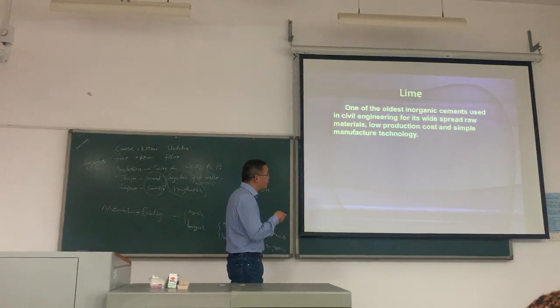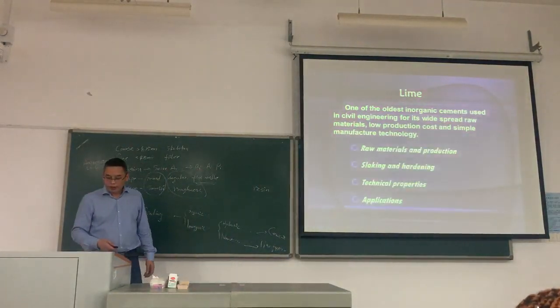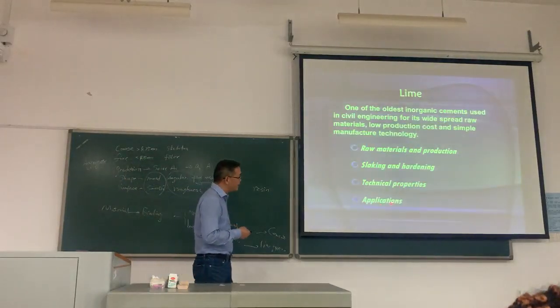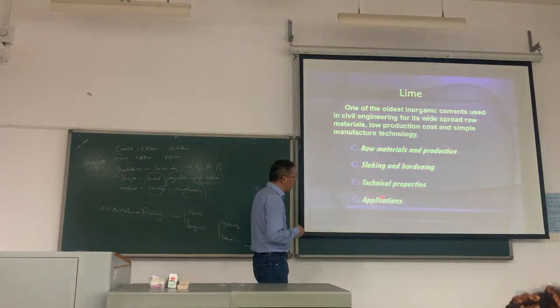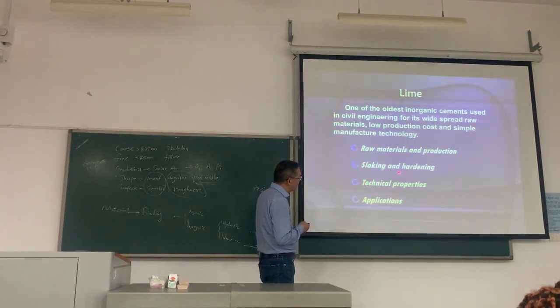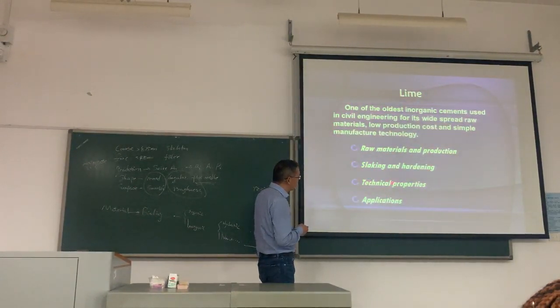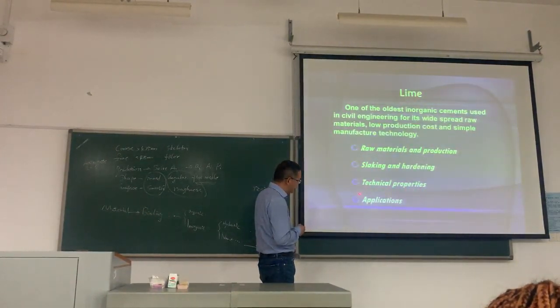What we will learn about lime is the raw materials, production, slaking and hardening. For slaking and hardening, there is a very interesting phenomenon. Then we will think about the technical properties and the applications.